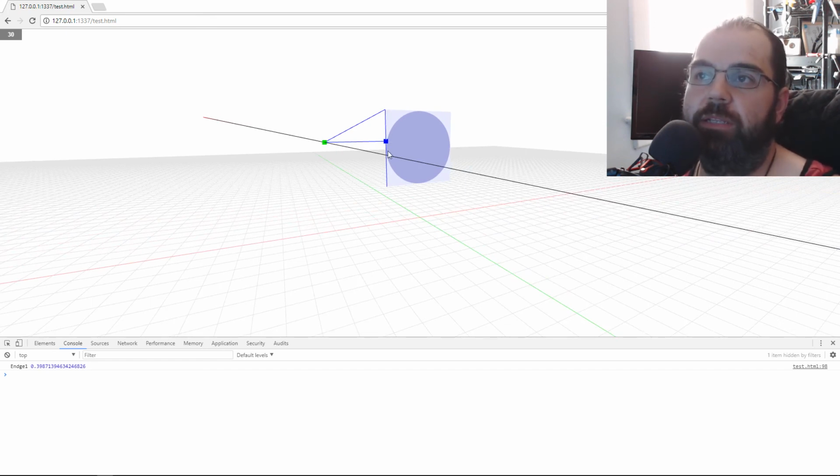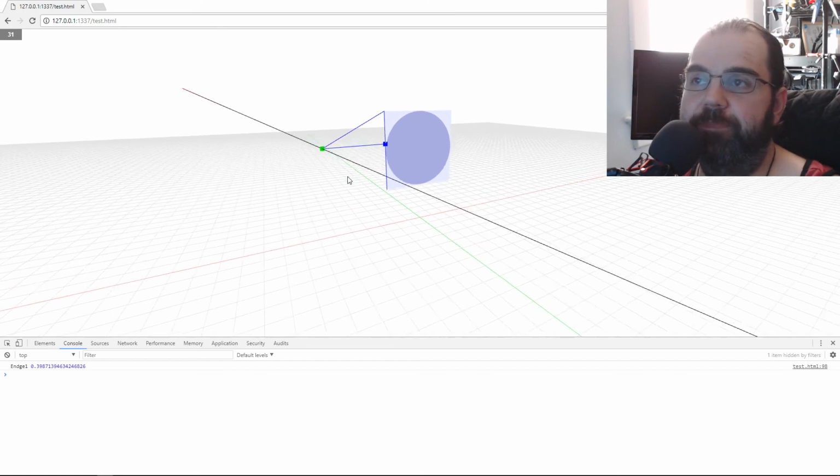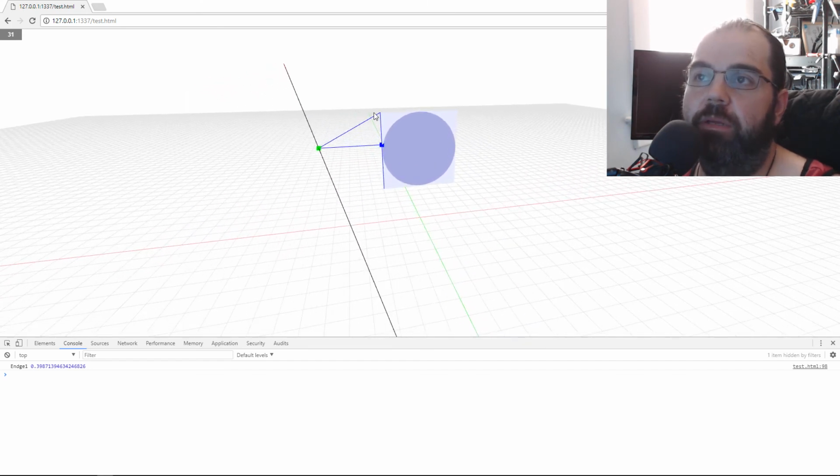So we're creating this edge, going from point 0 to point 1, and we're going to get its vector length. So we got the vector length and we drew the vector length. From this point, we're going to create another vector length to the point of intersection that's on the plane. Right? So now we have these two edges.